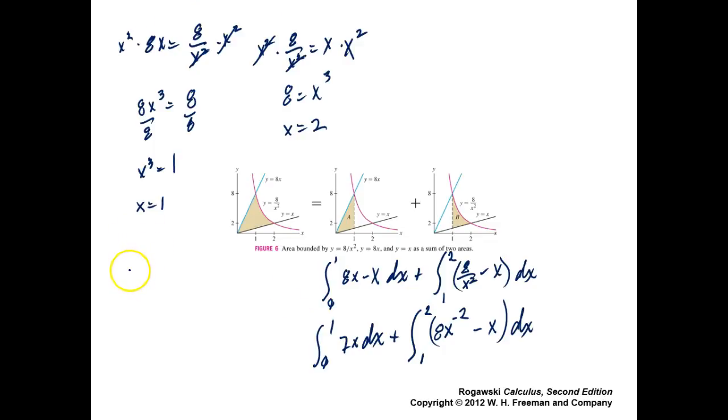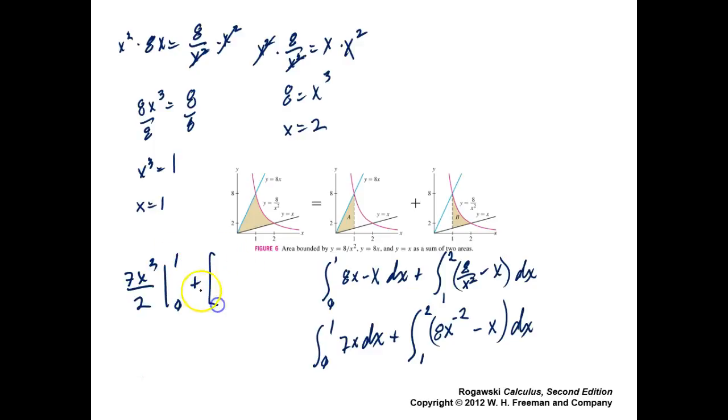Integrate that first one. Over what? 2. Got it. That's evaluated from 0 to 1.